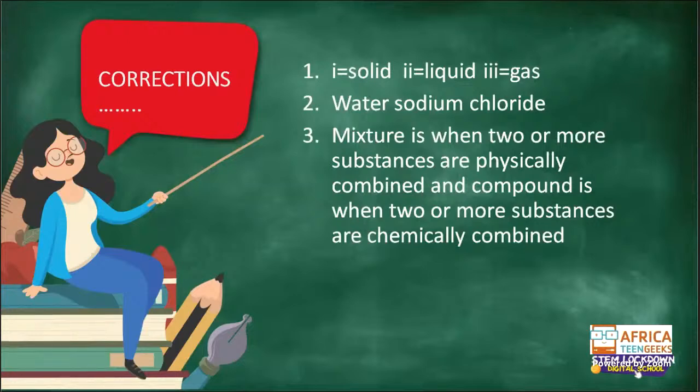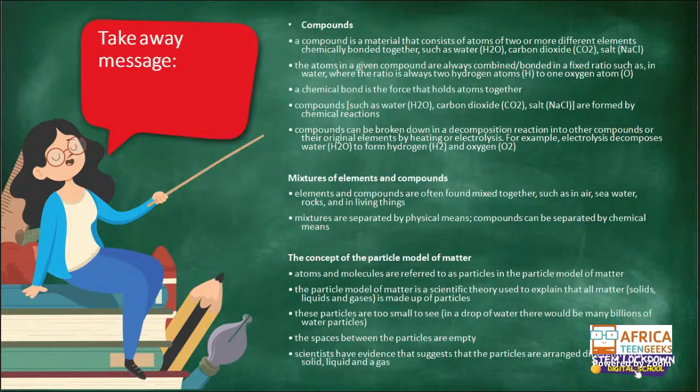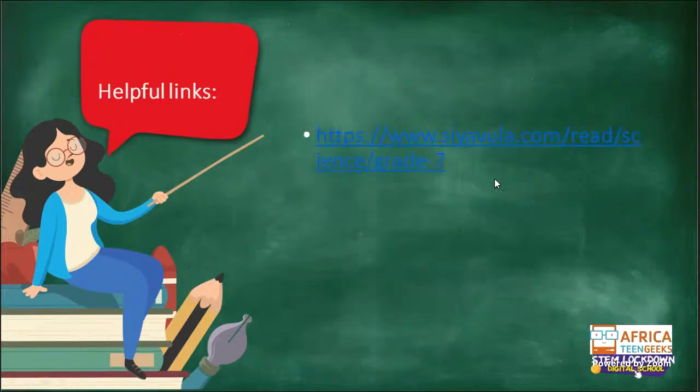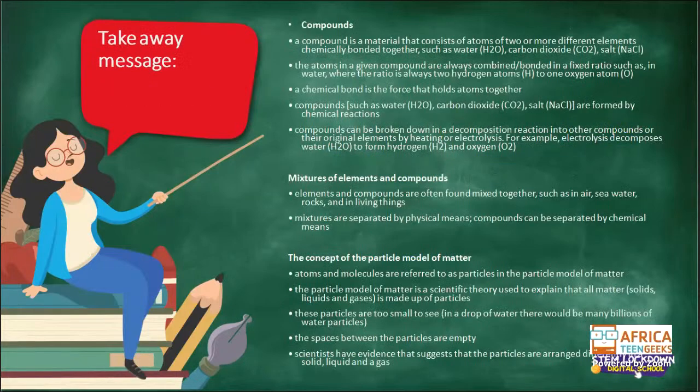All right. Now, let's look at the summary of the lesson. So far, we have been looking at compounds, and we said a compound is a material that consists of two or more different elements chemically bonded together.